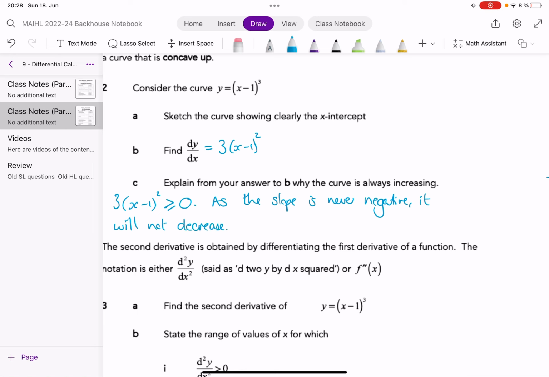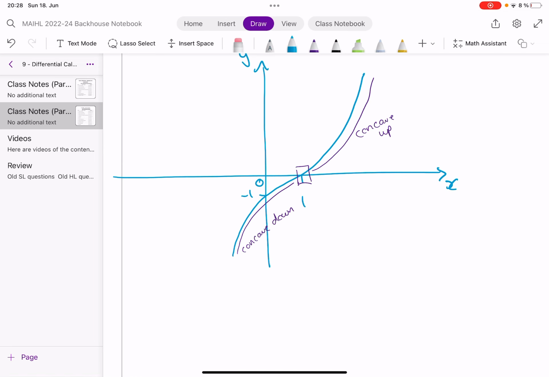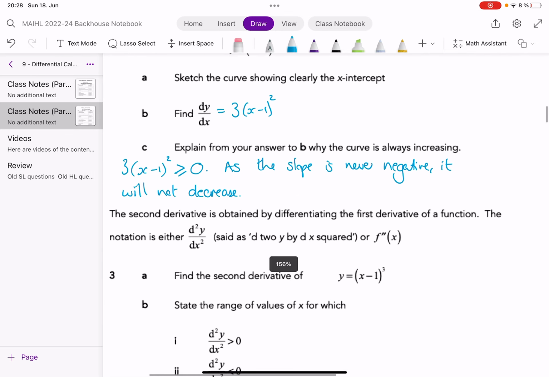So maybe this question isn't quite perfectly correct. It's always increasing. There is that one point where it's not increasing, where it's staying the same. But then if we think about it, if we're just before the x value of 1, we're going to have a positive slope. And if we're just after the x value of 1, we're going to have a positive slope as well. So yeah, this function's always increasing.